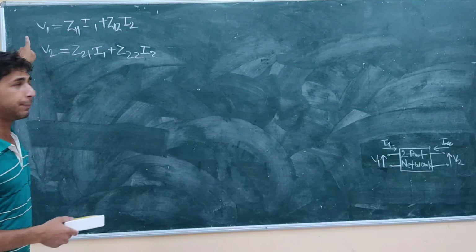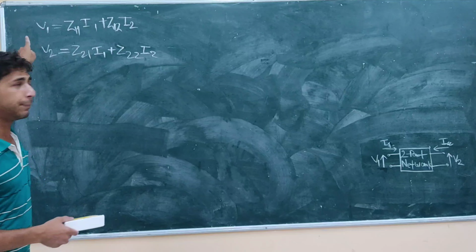If you take V1 as dependent on I1 and I2, you will get V1 equals Z11 I1 plus Z12 I2. Similarly, if you take V2 dependent on I1 and I2, you will get V2 equals Z21 I1 plus Z22 I2. So these two equations are the equations in terms of impedance parameter.